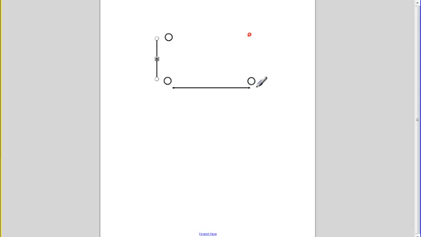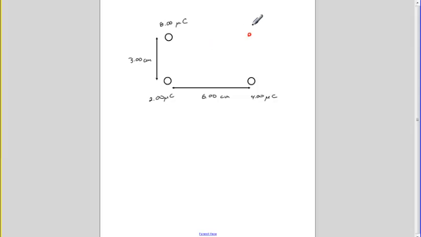This is 6 centimeters. This is 3 centimeters. This charge is positive 8.00 microcoulombs. Here we have positive 2.0 microcoulombs and another positive 4.0 microcoulombs.